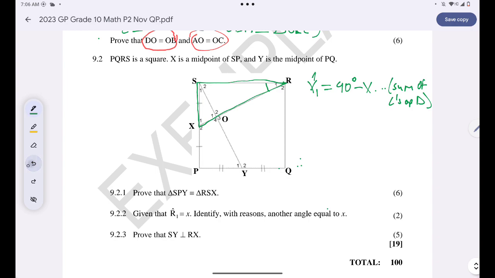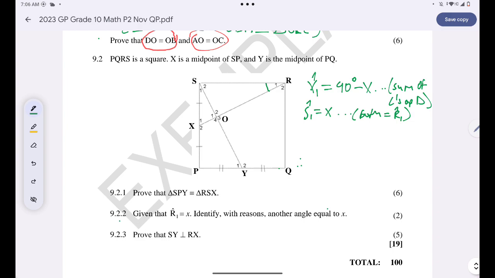Secondly, I have proven that S1 is also equal to x. Please remember that S1 is equal to x. Why? Because I have proven that these angles are equal to R1 initially.